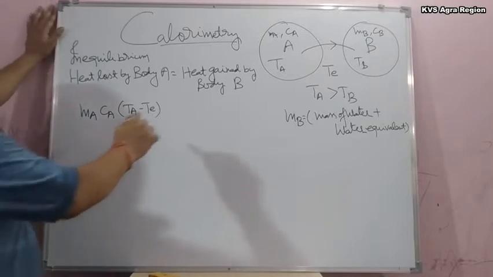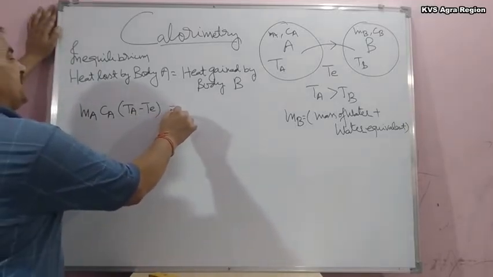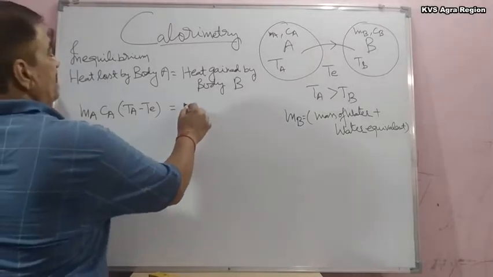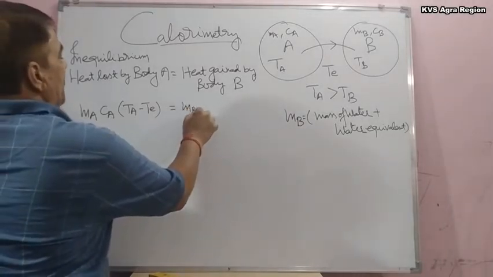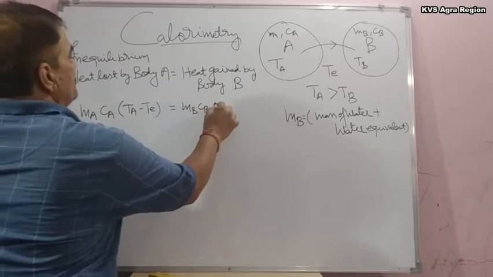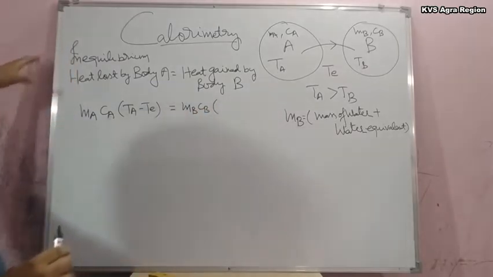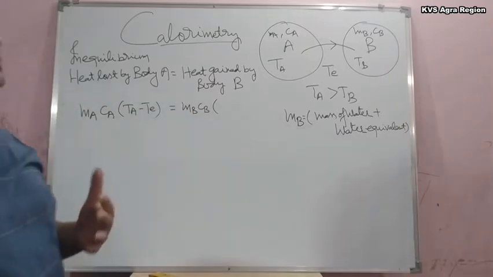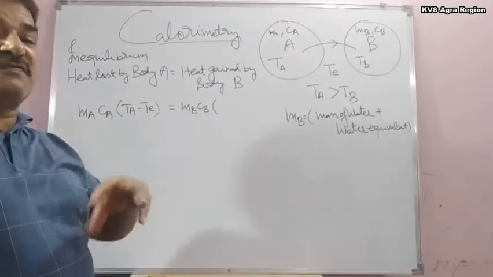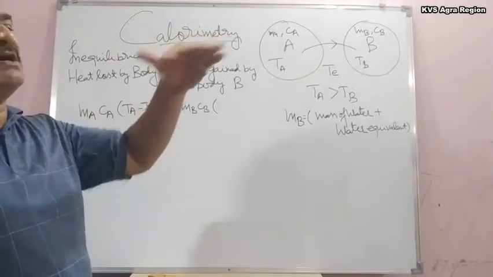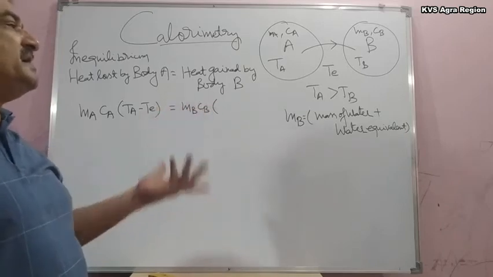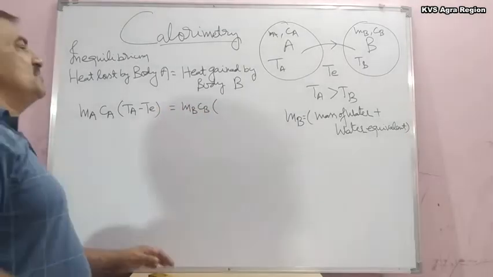And at the same time, body B will gain heat, and this heat gained by body B will be MB CB, and what will be the change in temperature? Initially the temperature of body B is TB, and on account of gaining heat, this temperature will increase. Let it increase from TB to TE. It will surely increase from TB to TE.